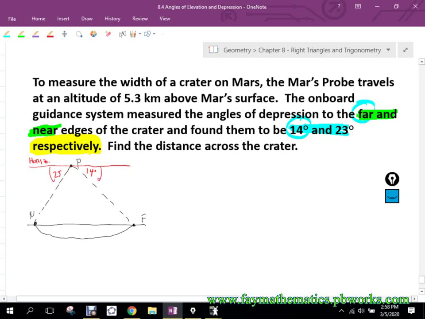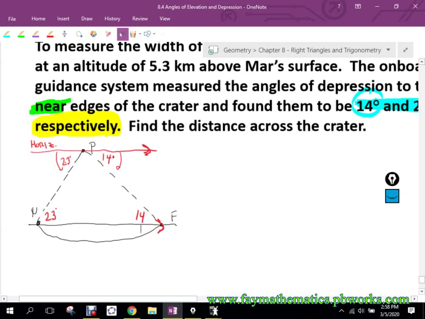Now think about that horizontal and that horizontal. They should be parallel, right? Can I take that 23 and put it right there? Can I take that 14 and put it right there? Now the purpose of doing that is because this probe is 5.3 kilometers off the ground.